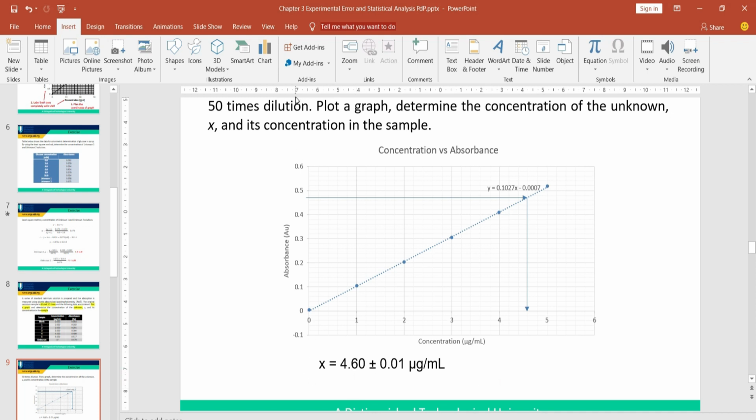Okay. Now you already have the concentration of unknown X, but we need to find the concentration of the unknown in the sample because the original sample has been diluted 50 times. So this concentration needs to times 50.